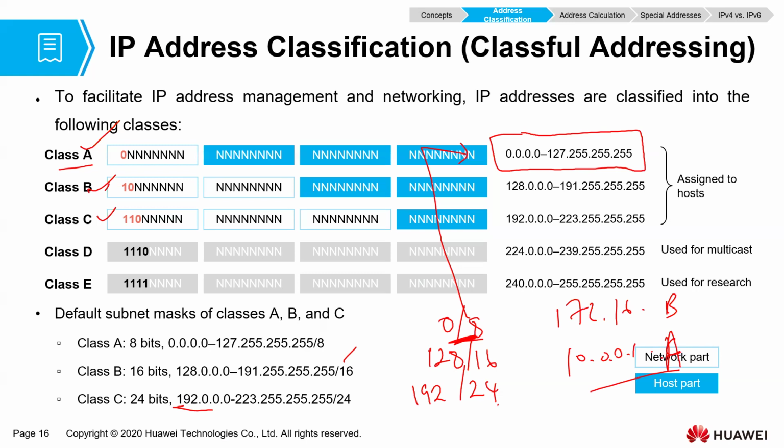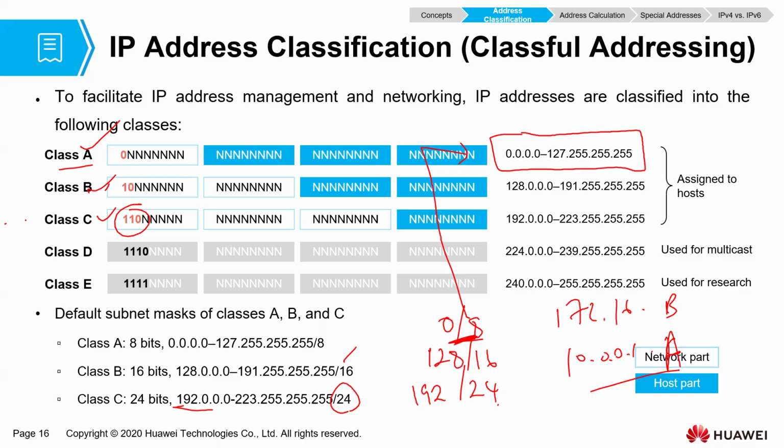Why we have classes is because of the number of hosts that we can have on a given network. With class C, for example, since we are using a /24 network, the maximum number of IP addresses is 2 to the power of 8, that is 256.